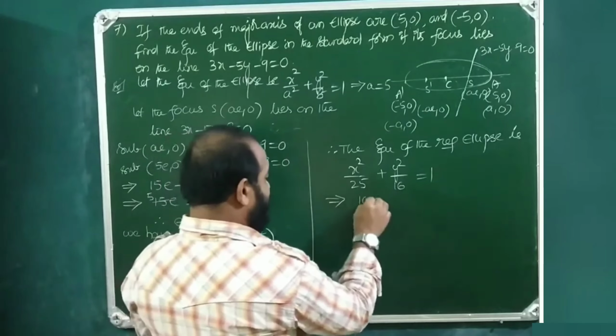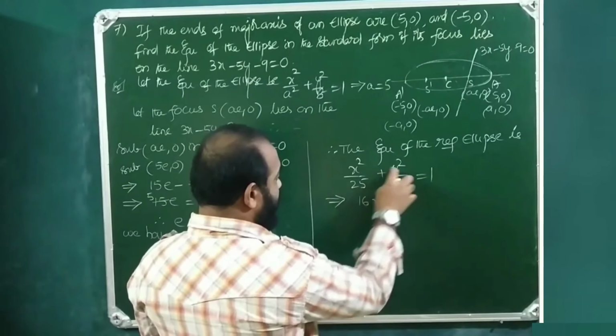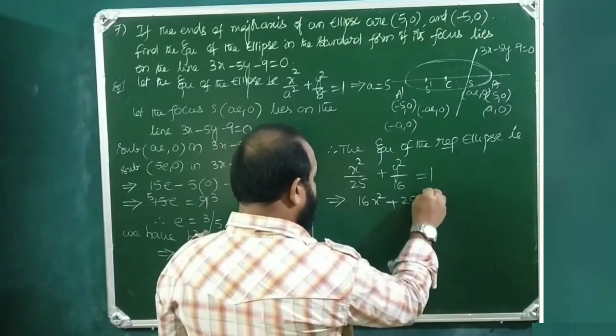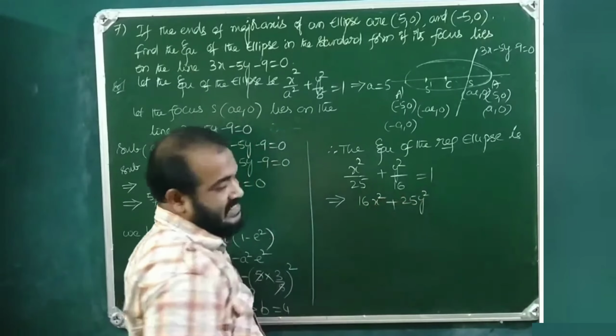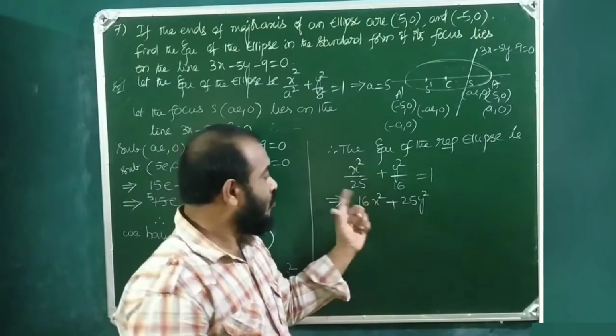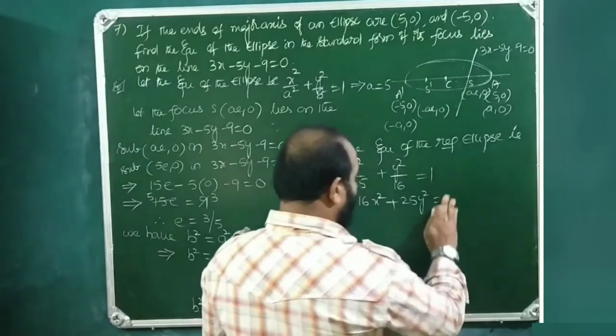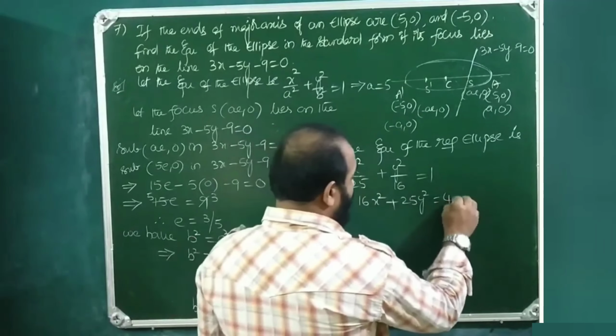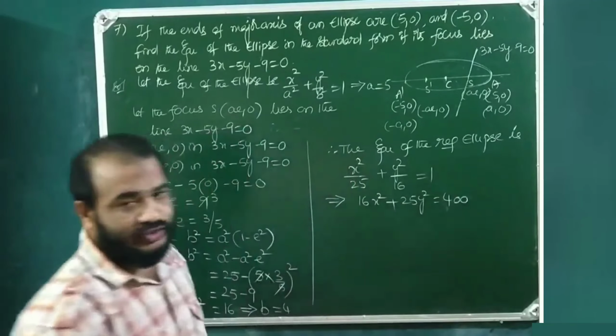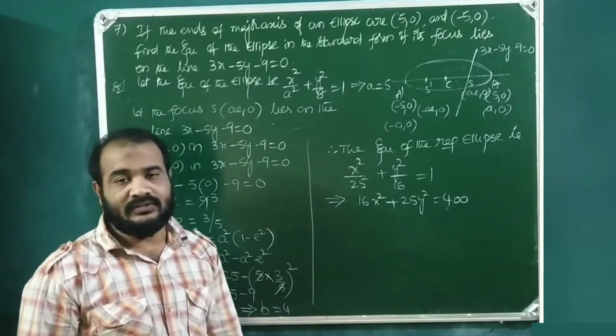So this is 16x square plus 25y square by 25 into 16, which is the LCM. 25 sixteens is 400. So 16x square plus 25y square equals 400 is the equation of the required ellipse.